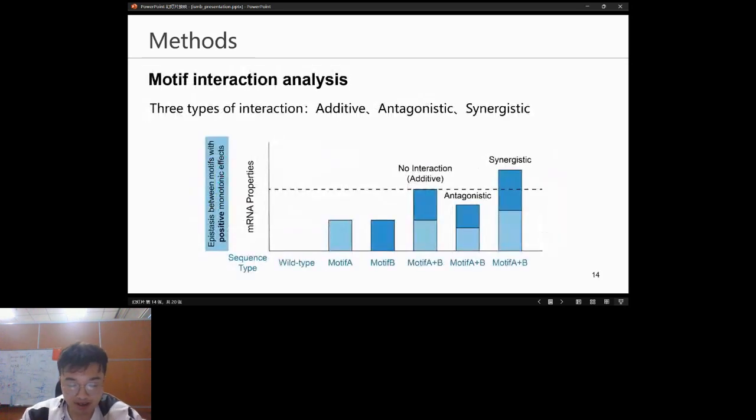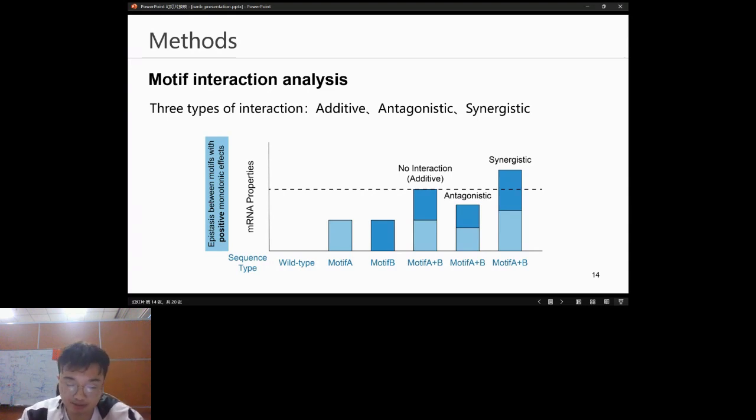We primarily consider three types of joint effect, namely additive, synergistic, and antagonistic interactions. Additive interaction represents that the contribution of two motifs when they exist alone sums up to the contribution when they exist together.